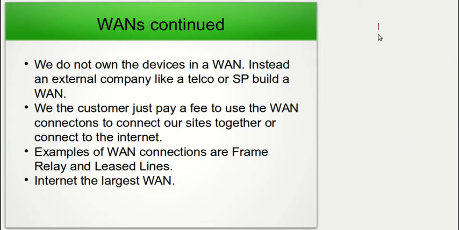Now let's talk about some typical WAN connections that we normally see. The most common WAN connection would be a leased line. All a leased line is, is a direct cable running from one network or one site to another site. This is a dedicated line, normally owned by a telephone company known as a telco, and only two sites can exist on either side of the line. These connections are normally very expensive because they are dedicated.